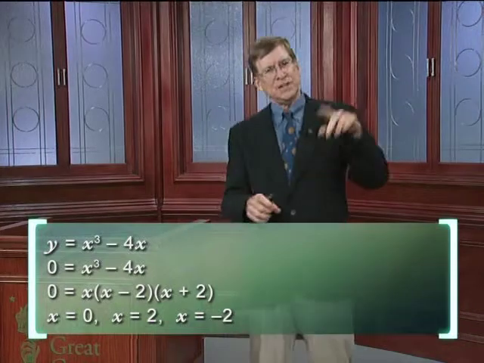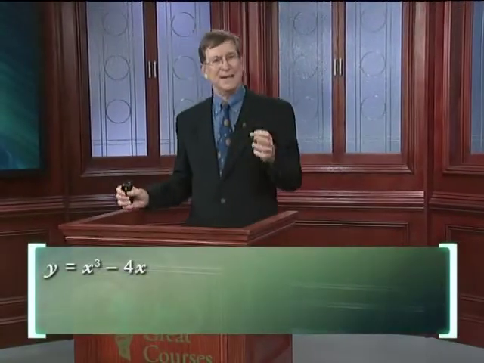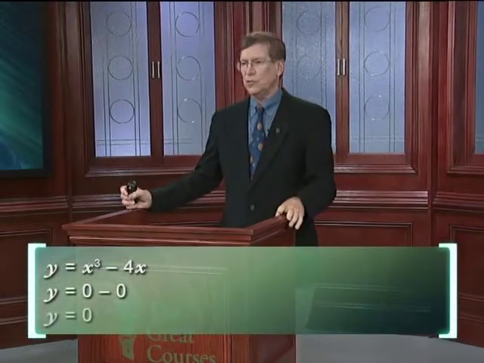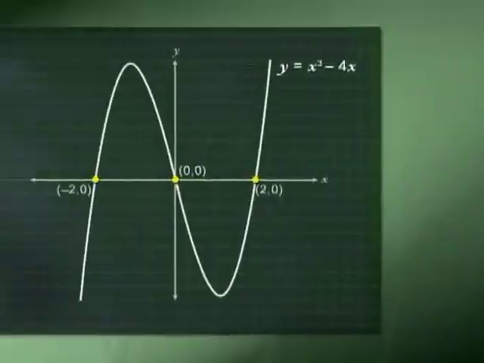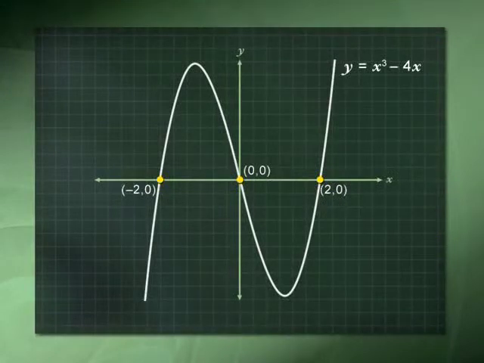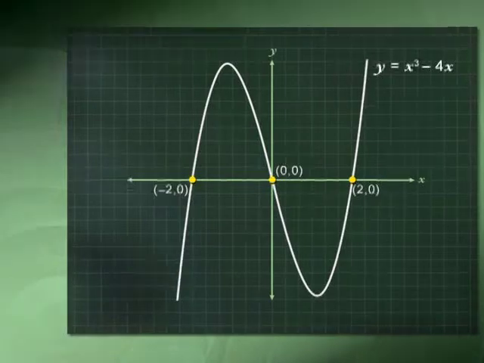So the graph touches the x-axis 3 times. The y-intercepts you get by letting x equal 0, and the only y-intercept then is (0, 0). Here's a picture of that graph, and you can see how it touches the x-axis 3 times and the y-axis once, in fact, at the origin. Those are the intercepts of that equation.